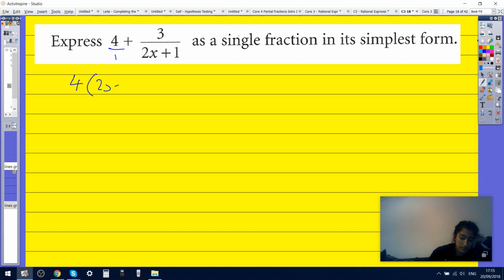Then you get 8x plus 7 over 2x plus 1. That's it, and nothing factorizes there. These are getting more tricky, but it seems like it's the same with nothing to it. I think you'll be fine for that.